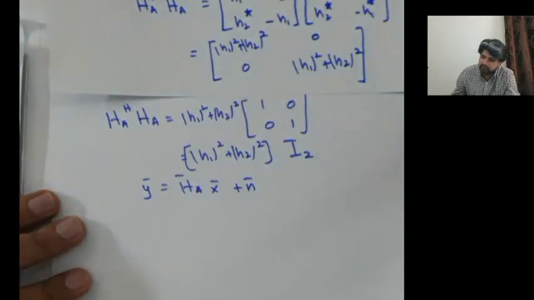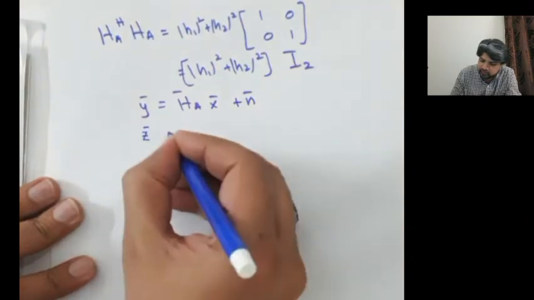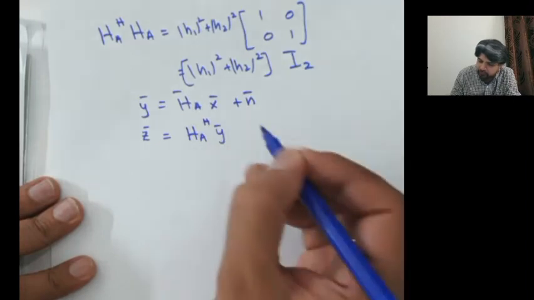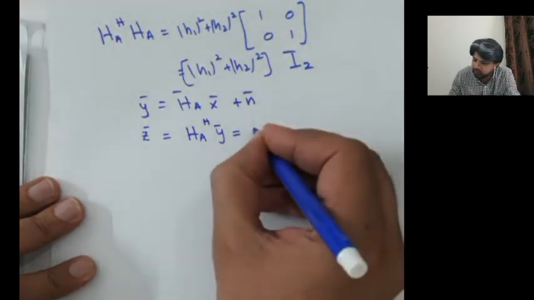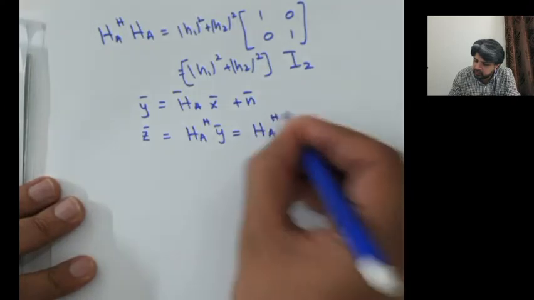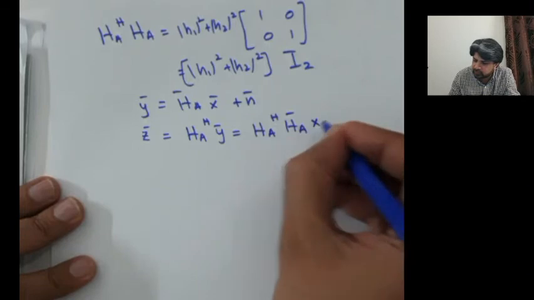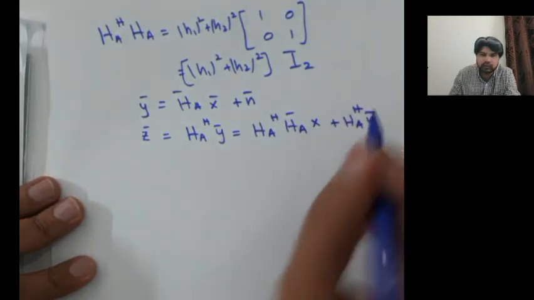Now let's say that you have this vector z, which is nothing but HA Hermitian times y. And if you carry out this, that would mean that you have HA Hermitian times HA times x plus HA Hermitian times a noise matrix.